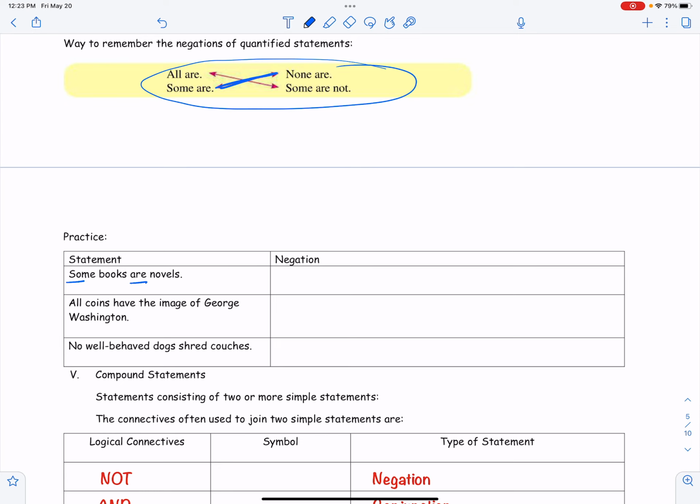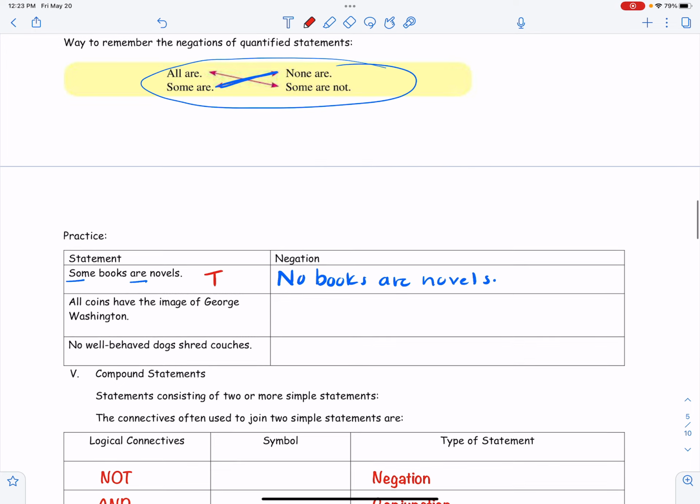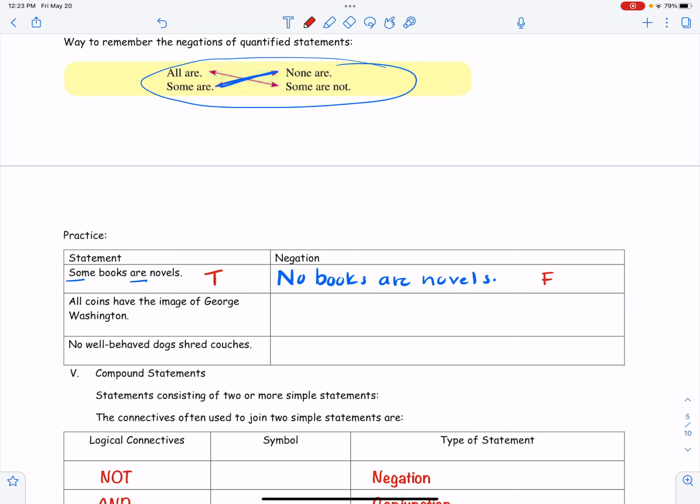So if the statement says some books are novels, the negation would be that no books are novels. Notice they have opposite truth values. Some books are novels, that's a true statement. No books are novels, that's a false statement.